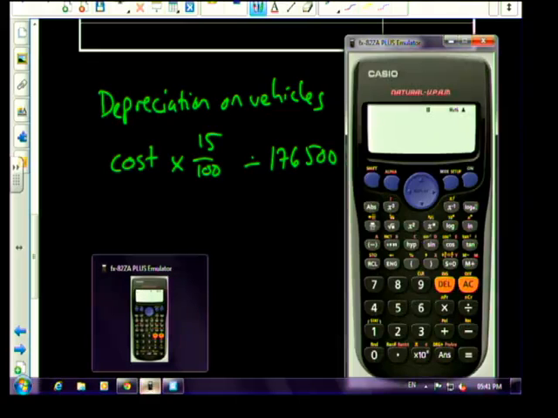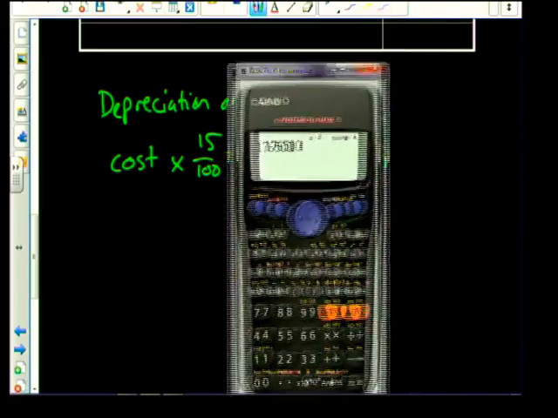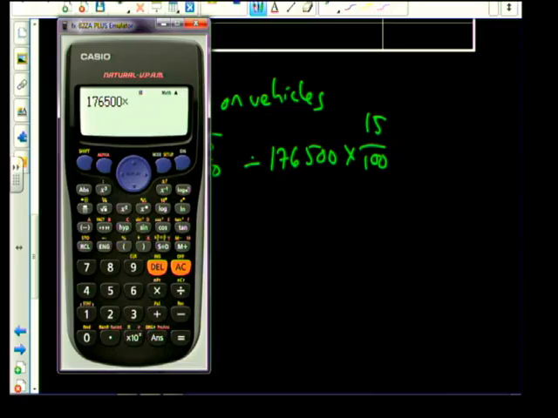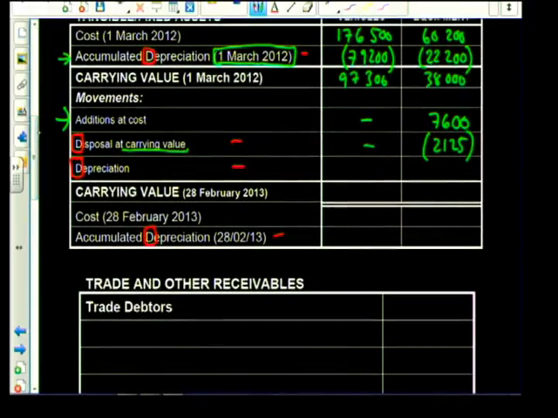I'll take the 176,500 and I must multiply that by 15%, and the answer comes to 26,475. Let's record that over here. This figure of 26,475 is my depreciation on vehicles, and that I'm going to record here as 26,475. Remember that that is a negative number because it shows by how much our vehicles are depreciating.